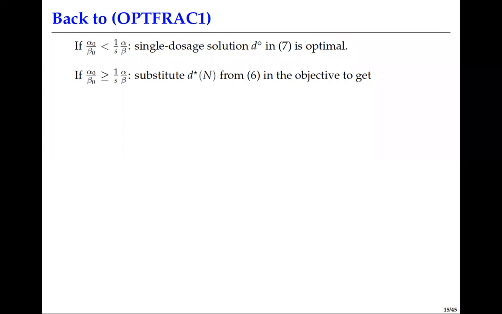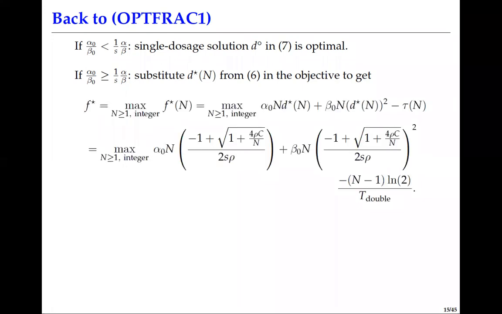So I take that and substitute it in the objective function. Remember that now I want to optimize n, and I have a formula for this dose per session. So n is the decision variable, an integer at least 1, and I look at f star n, the objective value that I obtained by substituting this dose into the objective.